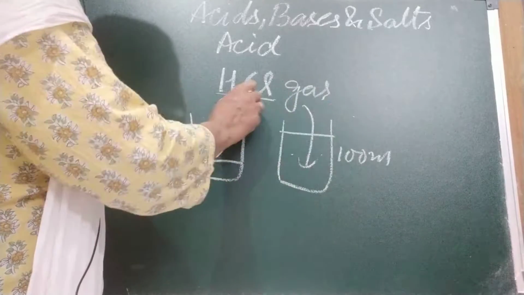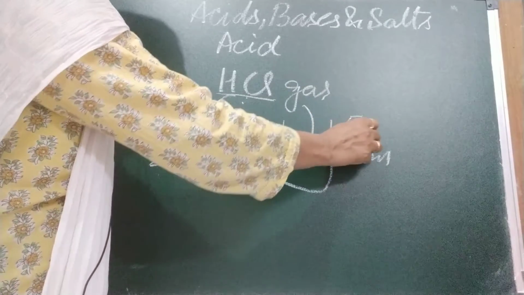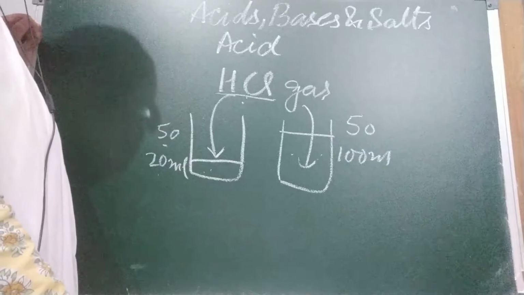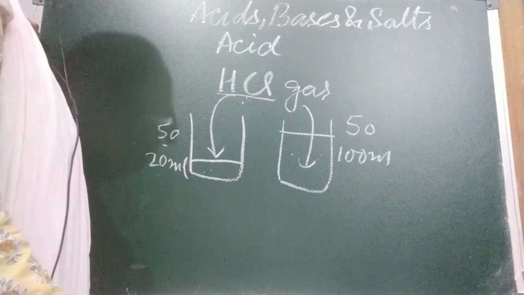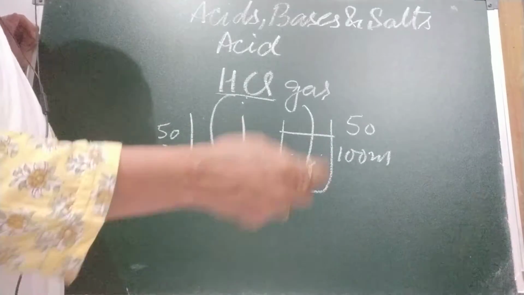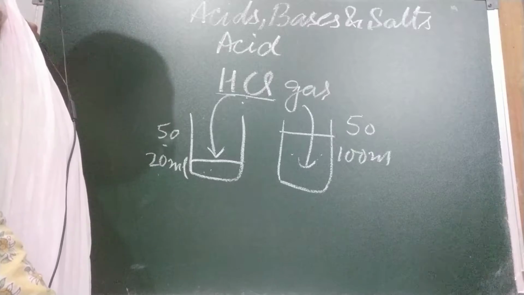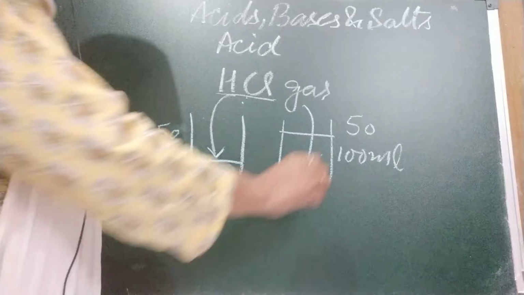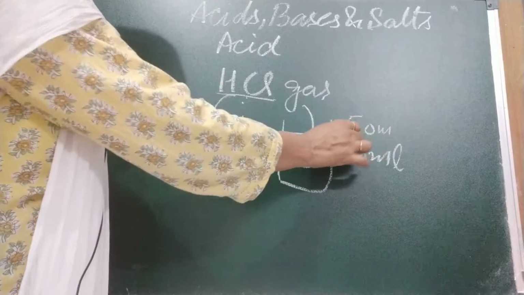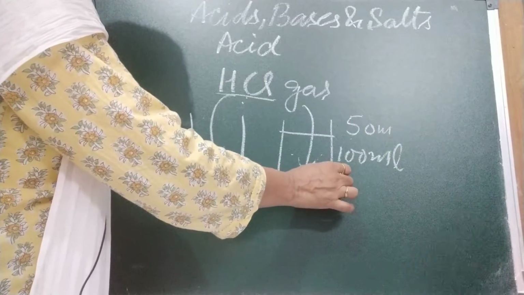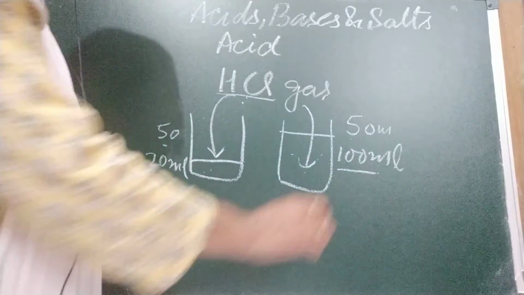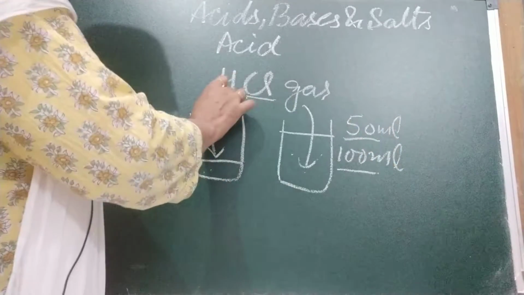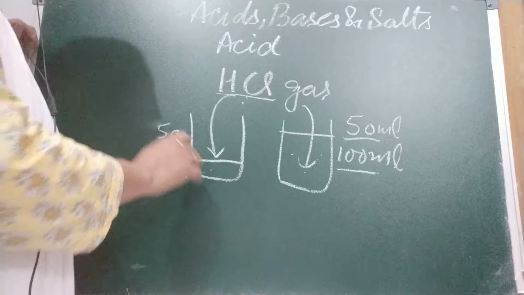In this one, suppose the number of HCl molecules is 50, and water is 20 ml. In 50 ml how many molecules are there? We don't know. Here we have added 100 ml water, so there are more water molecules, and here 50 ml. So which one is more concentrated?